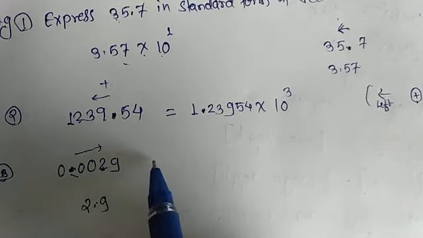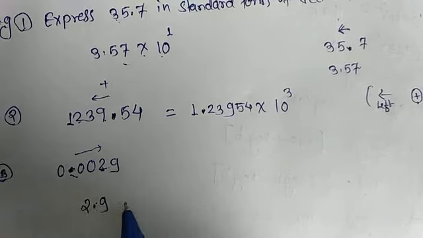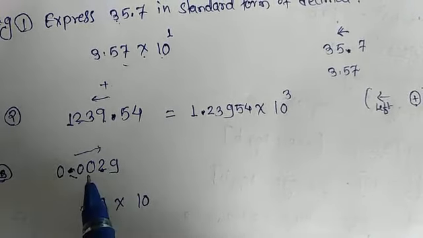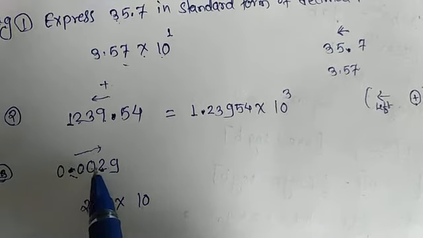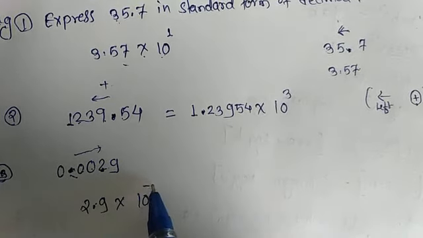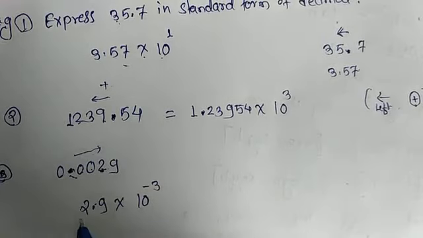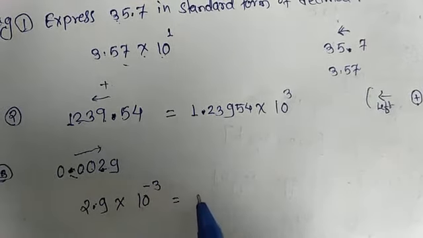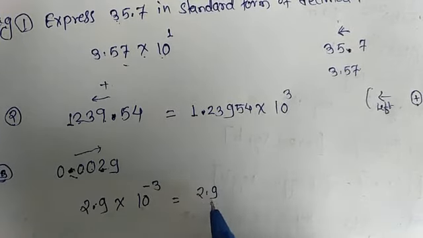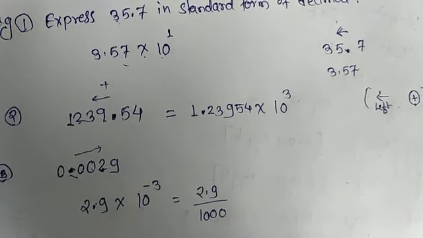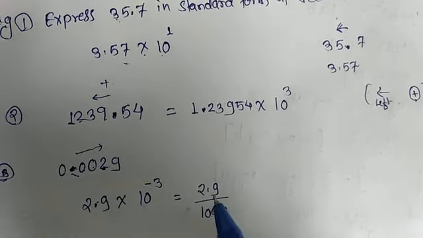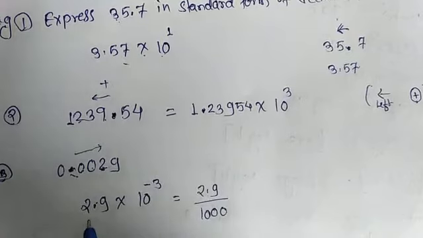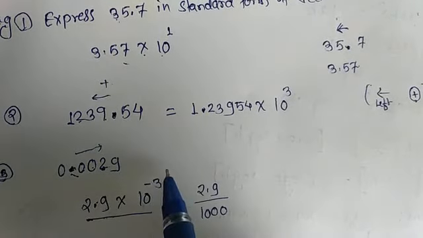After that there is no term, so we write 2.9 into 10 raised to, and how many places are we shifting the point? 1, 2 and 3, so it will be 10 raised to minus 3, which you can also write as 2.9 upon 1000. So the standard form is 2.9 into 10 raised to minus 3.